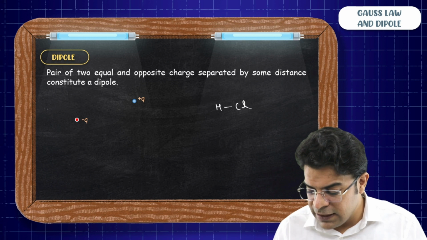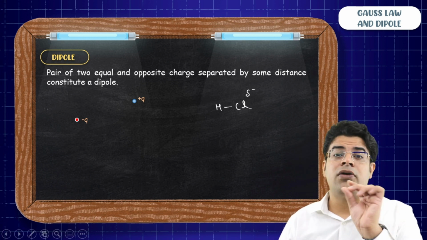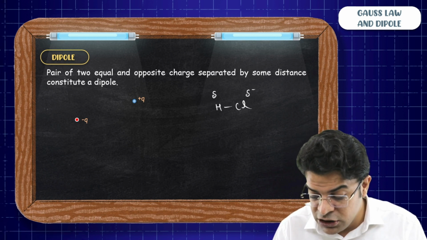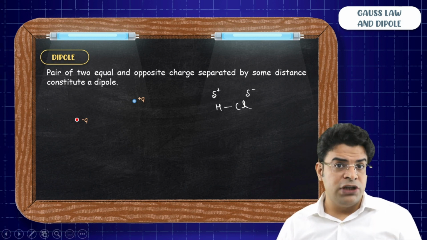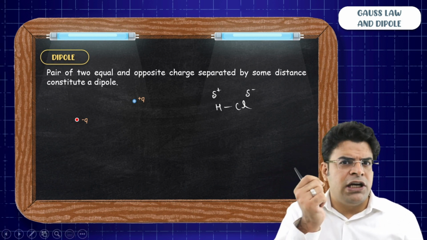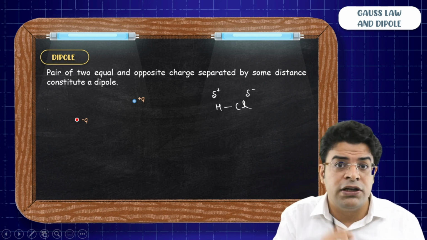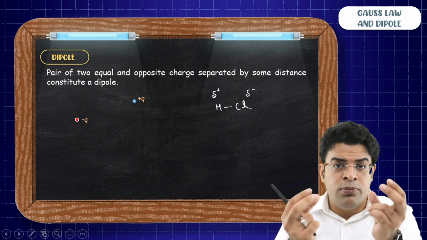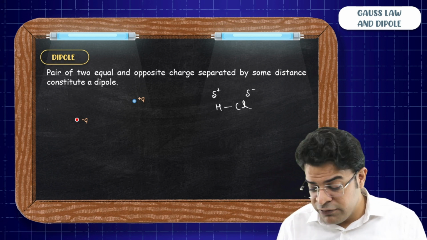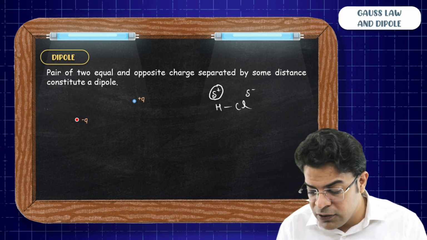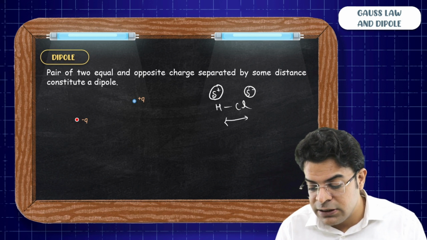So chlorine gets a partial negative charge while hydrogen gets a partial positive charge. From the principle of conservation of charge, the magnitude of negative charge that chlorine gets is the same as the magnitude of positive charge that hydrogen gets, because initially both were neutral. So what you have here is a pair of equal and opposite charges separated by some distance.